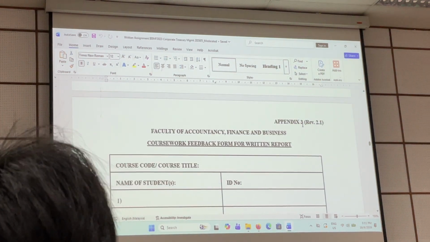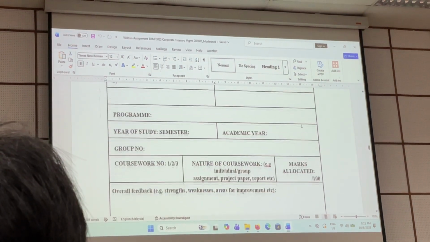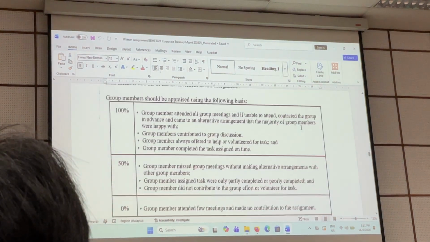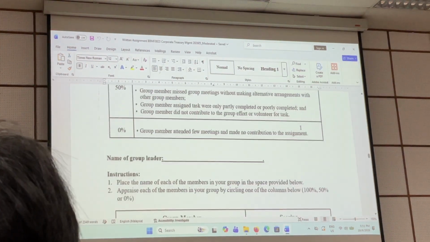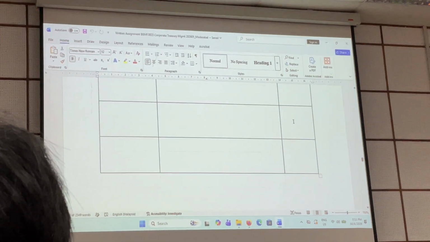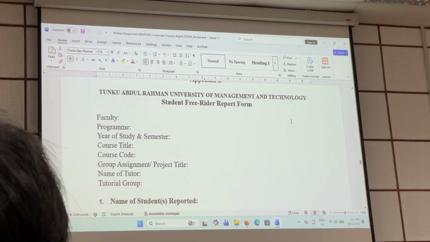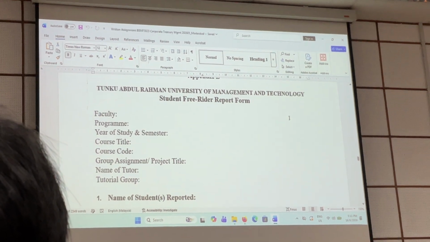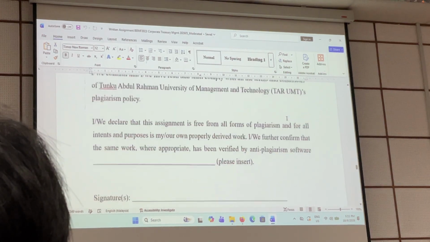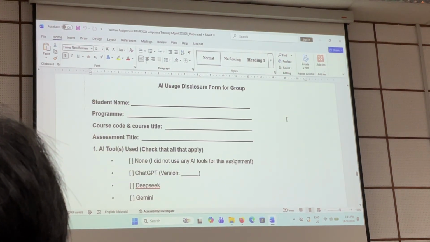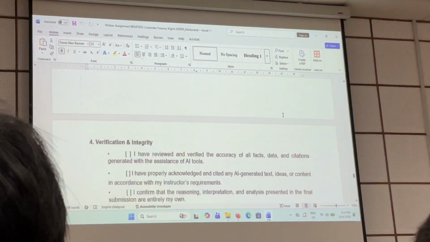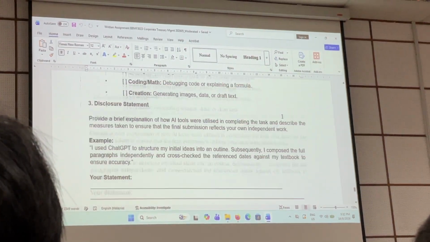Your feedback form must be included. Group member appraisal form, your appendix, free rider, this pay attention. Then AI usage disclosure form for group and individual. I've attached all of that.